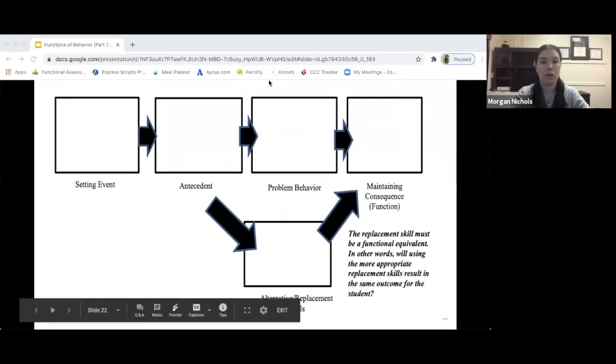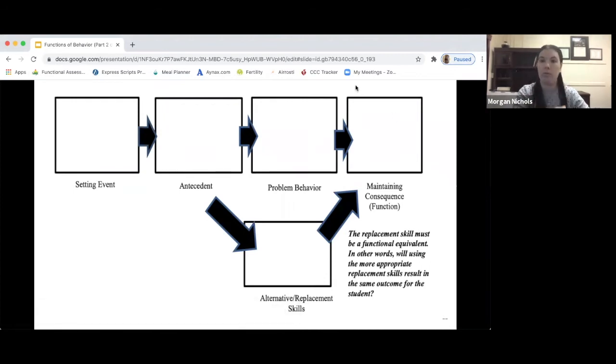So this chart just shows what happens generally. If we're going to use our example from before, the kid has separation anxiety and he was clinging to his mother. So he ran away, and when they tried to stop him, he hit, kicked, and spit at staff. And the consequence was he got to escape school and go home, or he got to avoid school and go home.